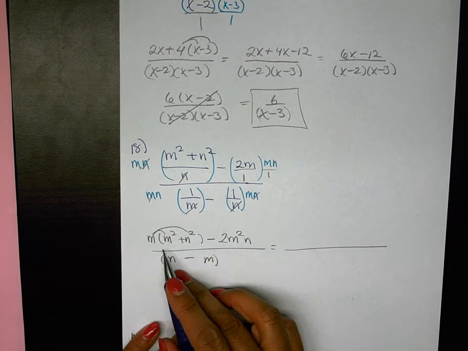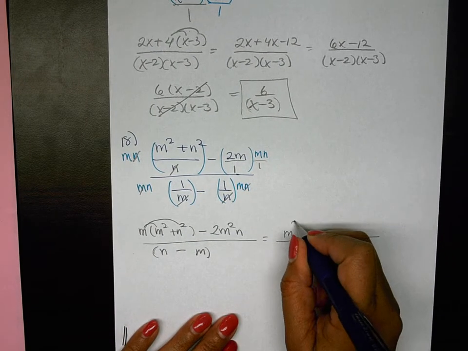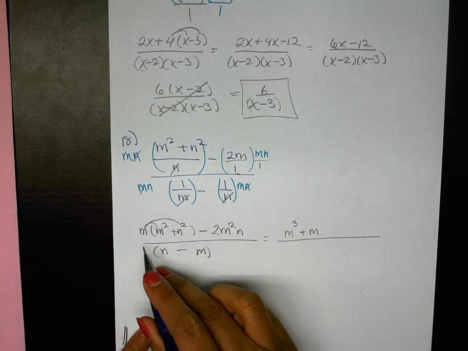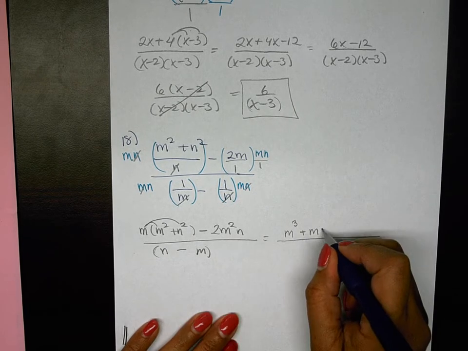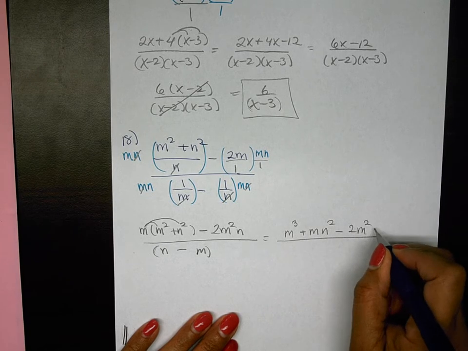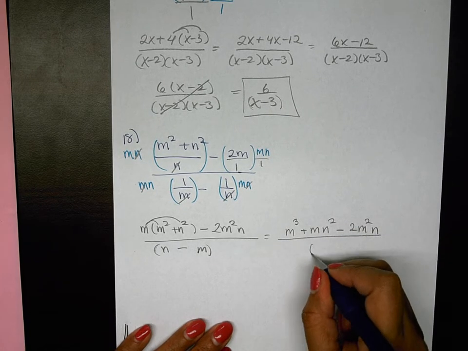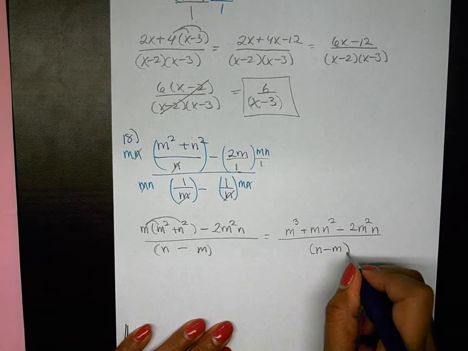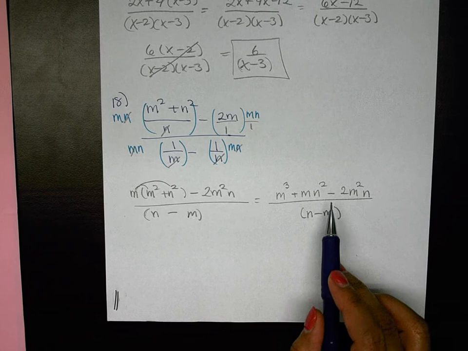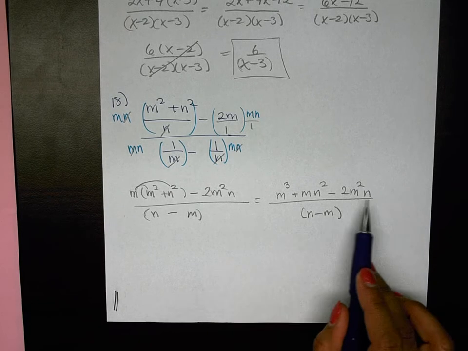Okay, that's going to be m to the third plus m n squared minus 2m squared n all over n minus m. Now at this point it doesn't look like I can combine like terms, but I do have a GCF.